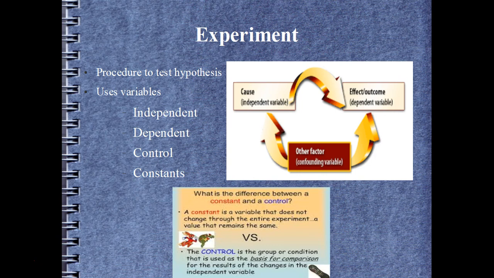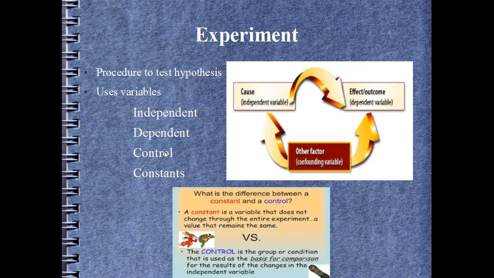Variables are anything that can change from one trial to the next in an experiment. And so variables can be classified really into independent, dependent, and constants. The control isn't really a variable. Sometimes you will see things referred to as control variables, and your previous teachers may have used the term control variables, but the control is actually a group.